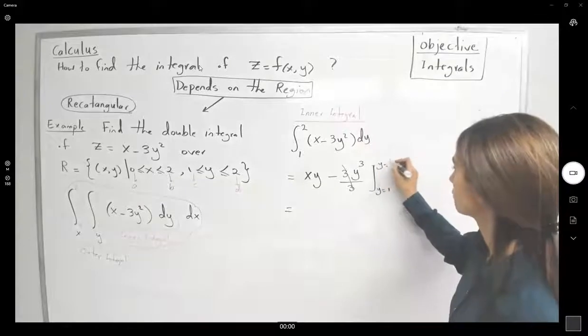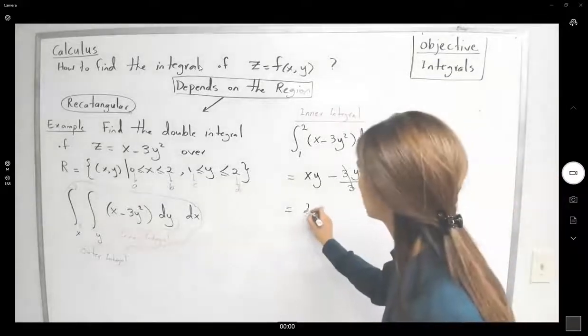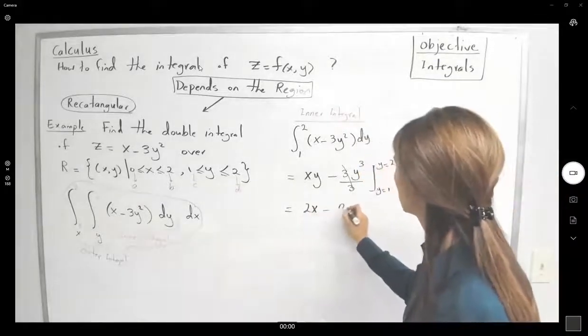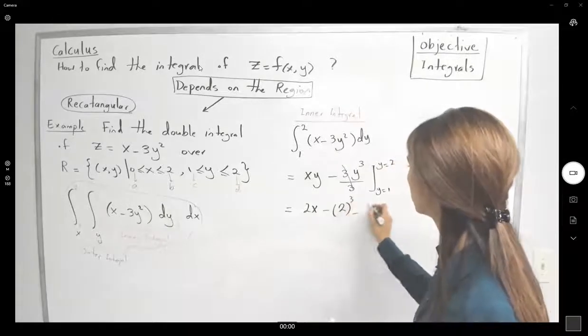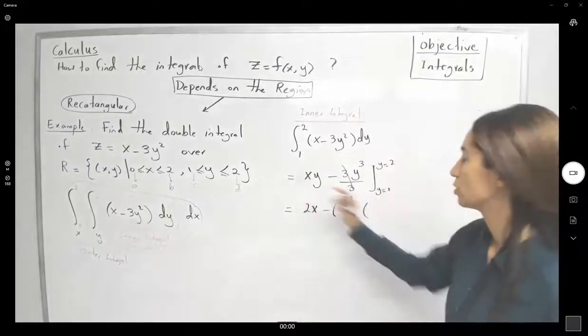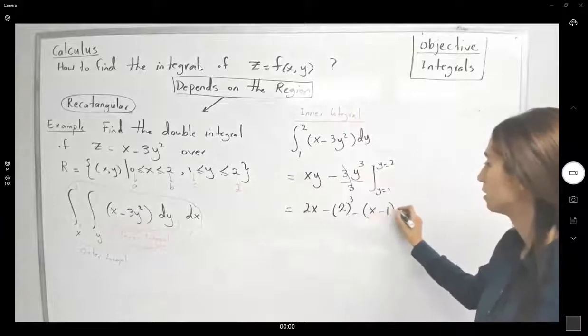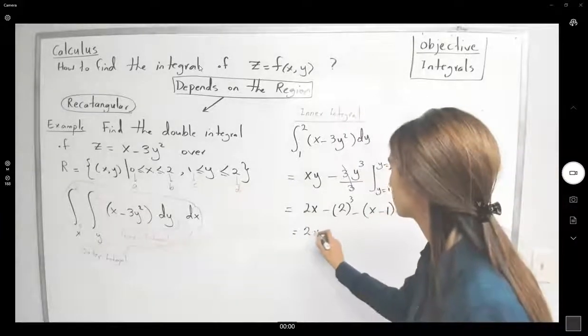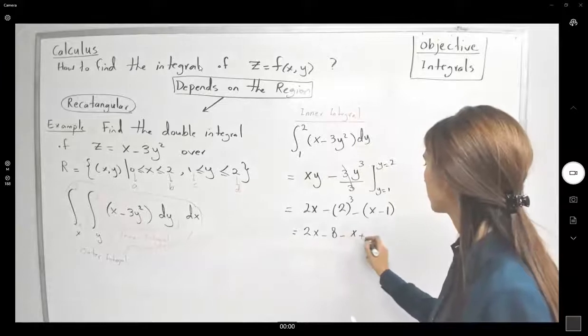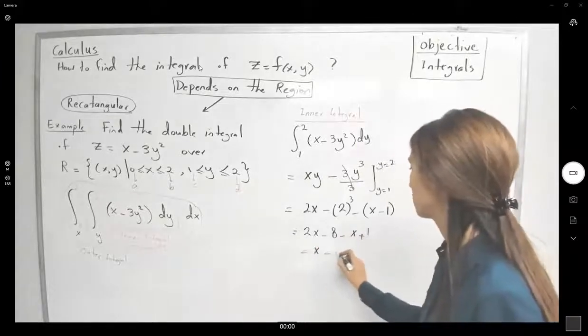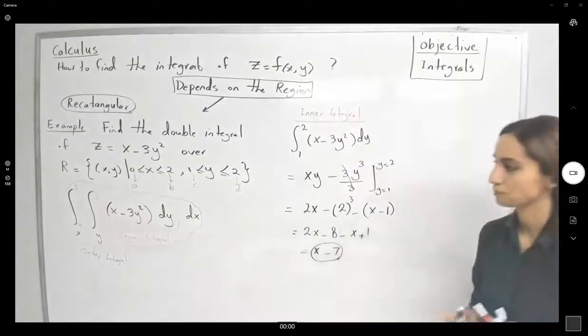So you plug in 2 first. 2x minus 2 to the third, minus, if you plug in 1, you get x minus 1. So here you get 2x minus 8 minus x plus 1, or x minus 7.